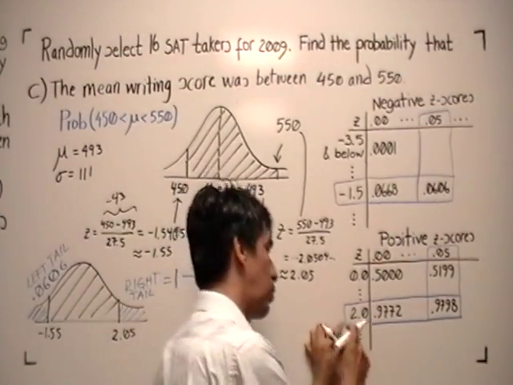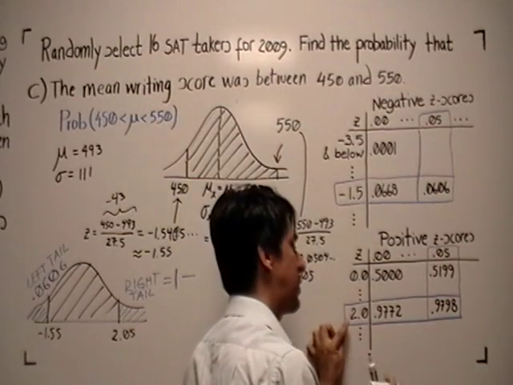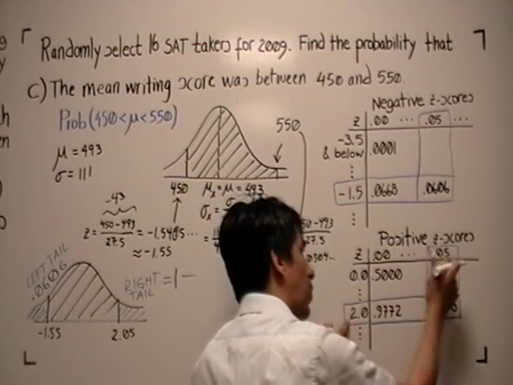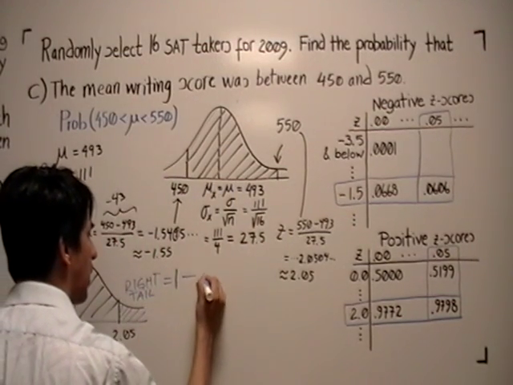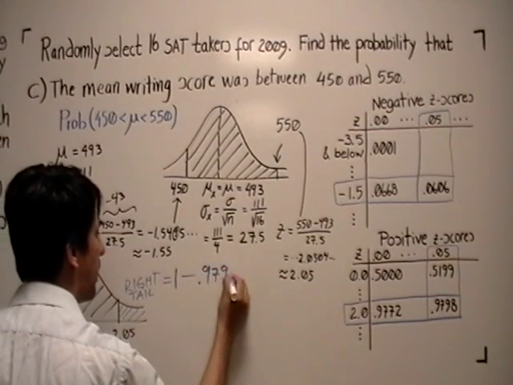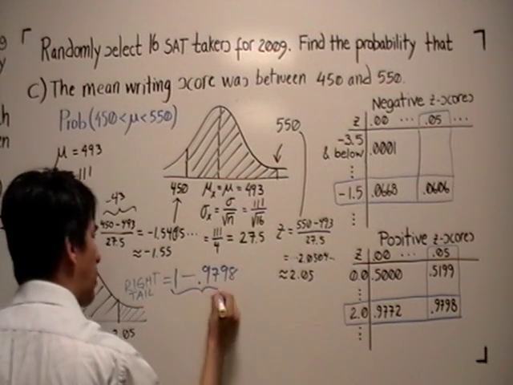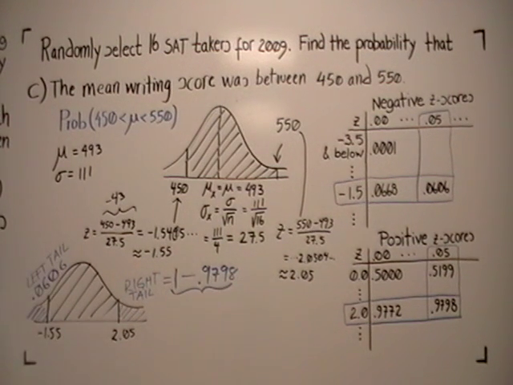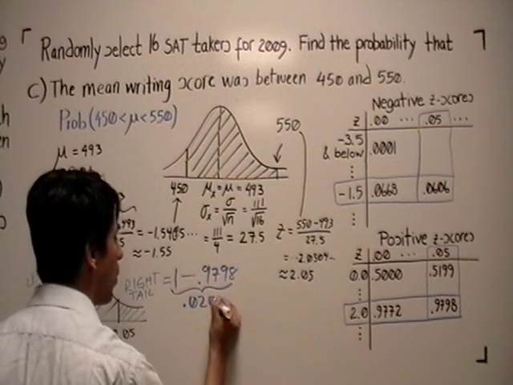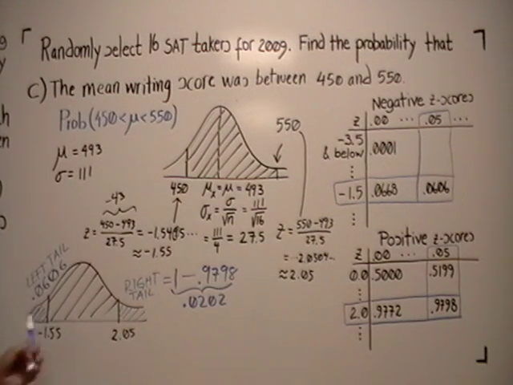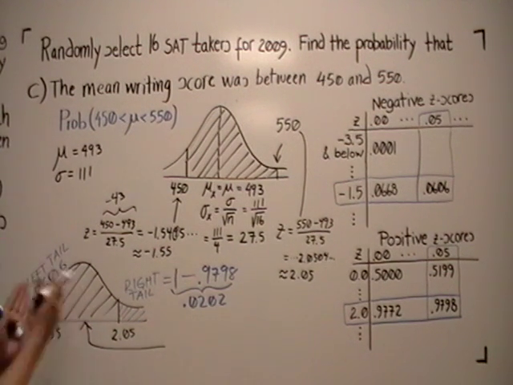The area to the left of 2.05, according to our positive z-scores table, is 0.9798. Now, after we perform that calculation, the right tail turns out to have an area of 0.0202. So now to conclude, we just find the area of the middle.